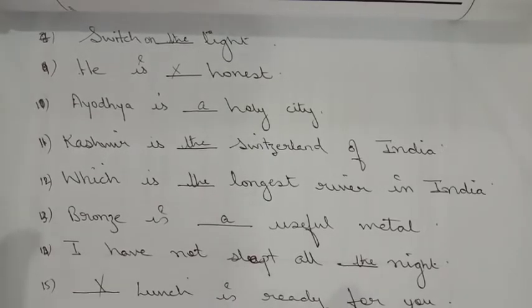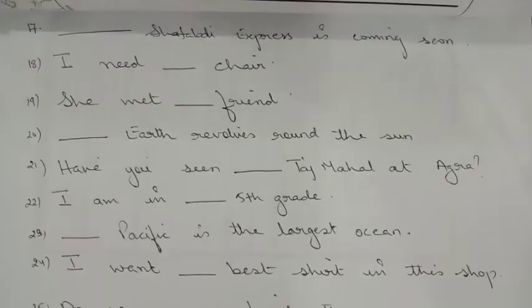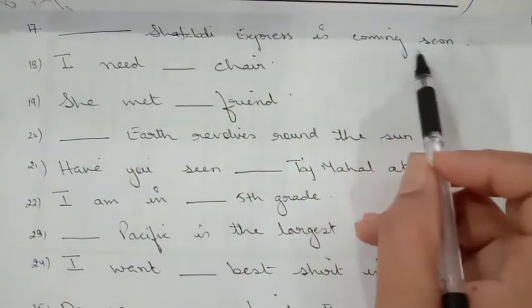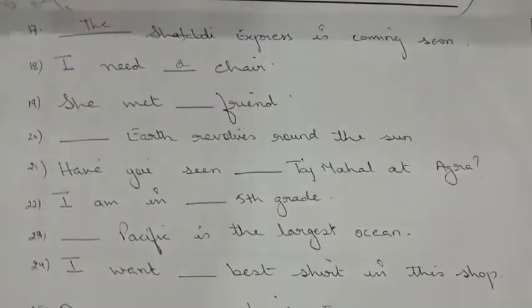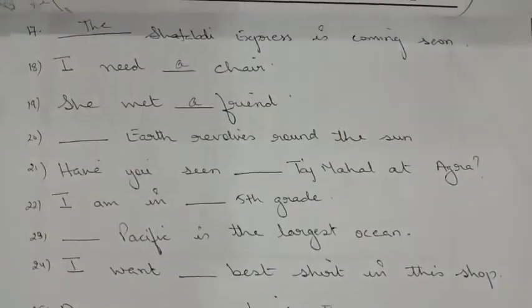Before the meals you don't use the. Then, Bible is a holy book. The Bible is a holy book. Okay? Dash Shatabdi Express is coming soon. The Shatabdi Express. I need a chair. She met a friend.